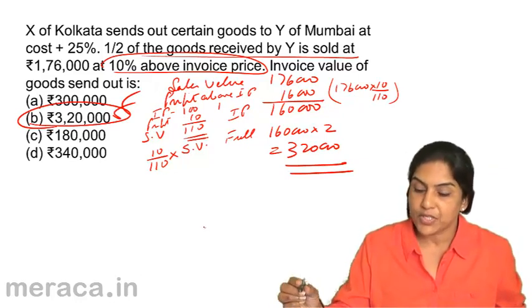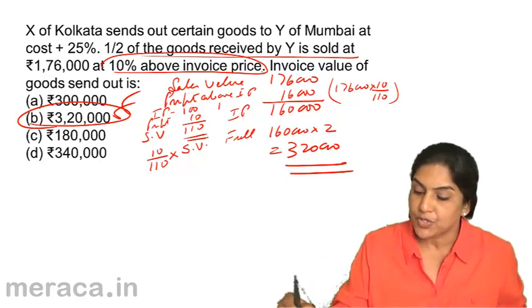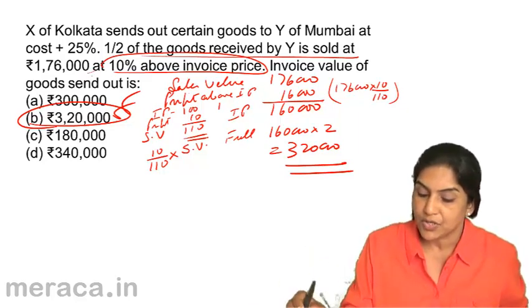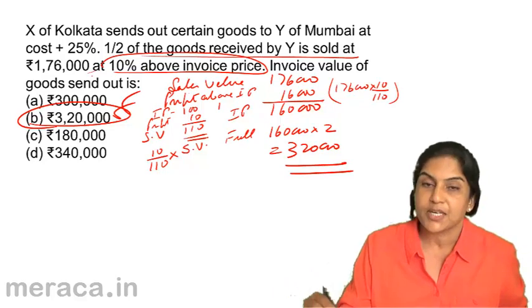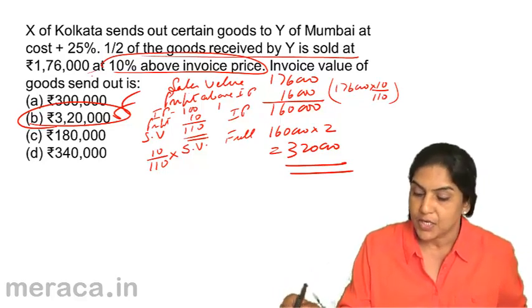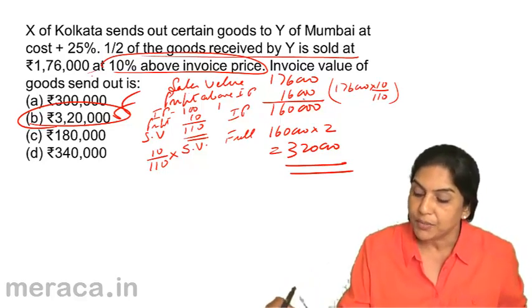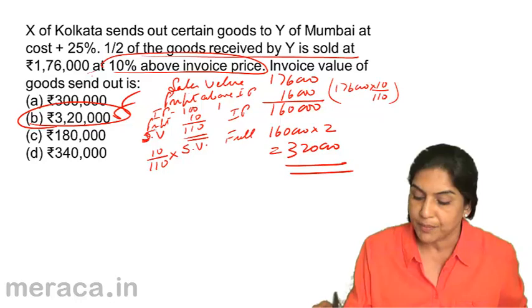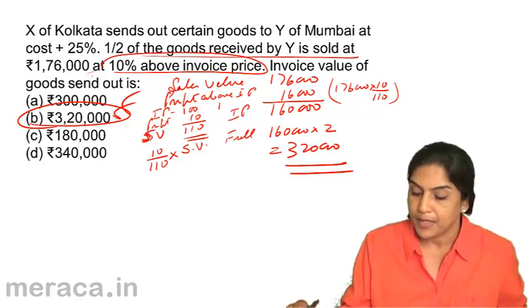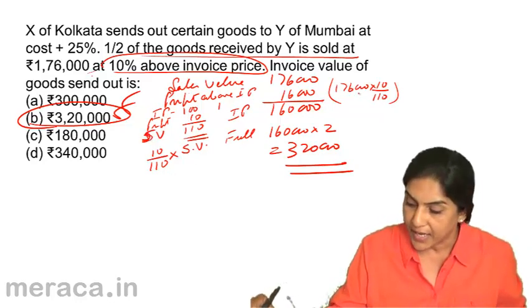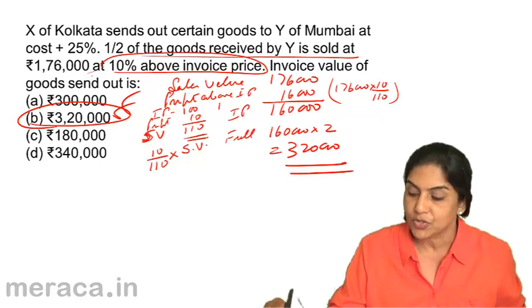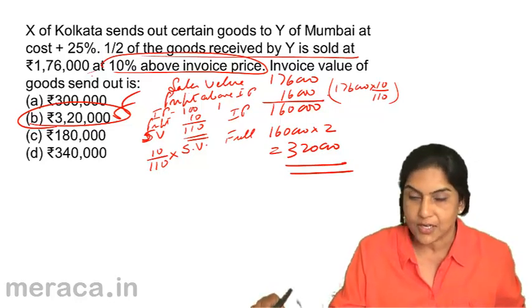Should I repeat once more? Sales value is 1,76,000. This sales is at 10% above the invoice price. So we compute and find out the profit. Since invoice price is 100, profit would be 10. The sales value would actually be 110. Therefore, 10 by 110 of 1,76,000, we get profit of 16,000.